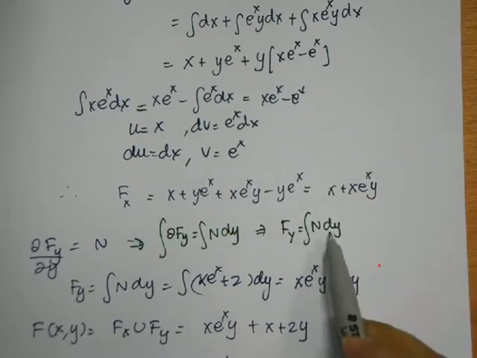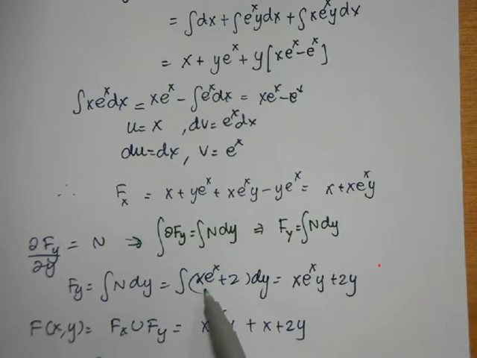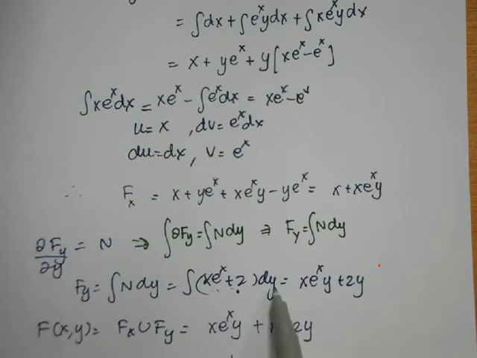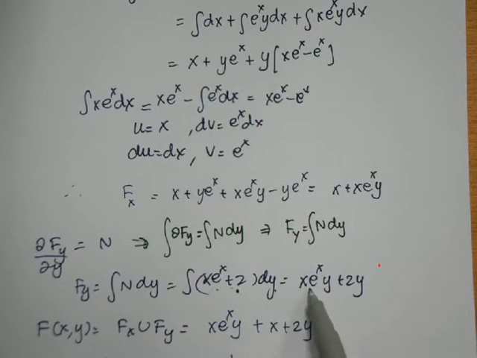And I know that my n is equal to x times exponential of x plus 2. Now, whenever you integrate with y, look at x as a constant. So the integral of a constant equals the constant times y. So I would get x times exponential of x times y plus 2y.